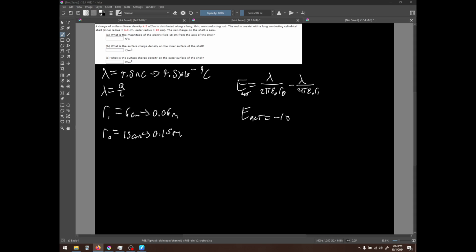Linear density would just cancel out, wouldn't it? What if we do the whole thing? What if we actually just do the whole entire thing and not just 1 over nonsense? I just wonder. Would it be the same thing? Am I wasting my time? 4.5 times 10 to the negative 9, over 2 pi times 8.85 times 10 to the negative 12.